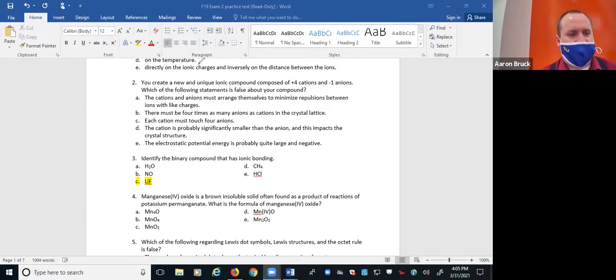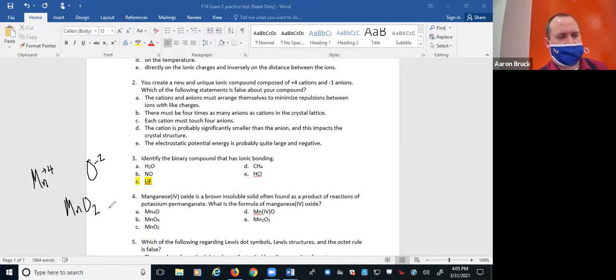So when we say that we have manganese(IV) oxide, that means that we have the manganese(IV) ion, Mn plus 4, and the oxide ion, O negative 2. For charge balance, I would need 2 of these to balance out the positive 4 charge. MnO2 would be the correct formula.